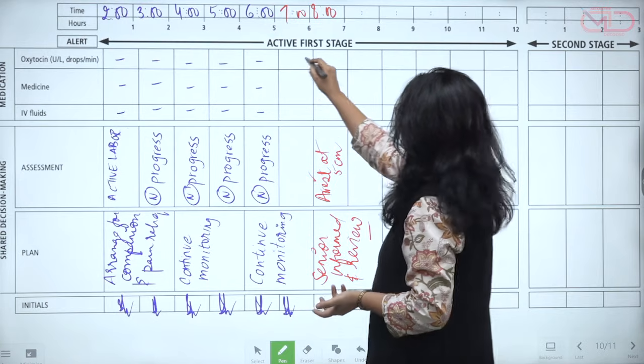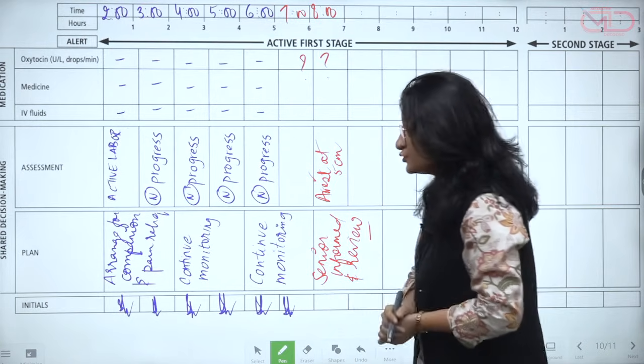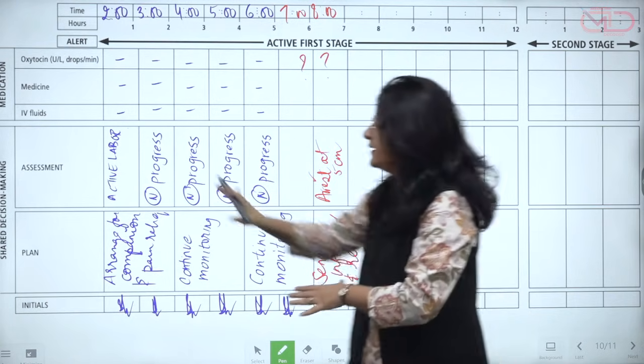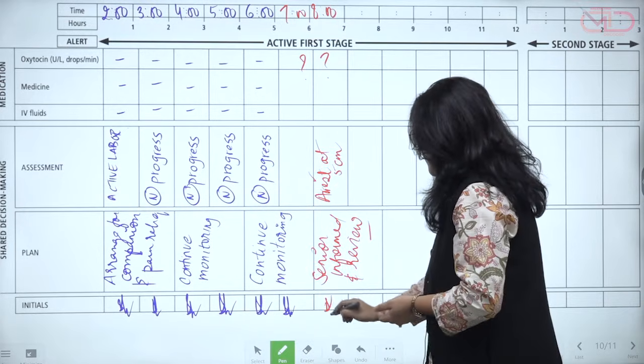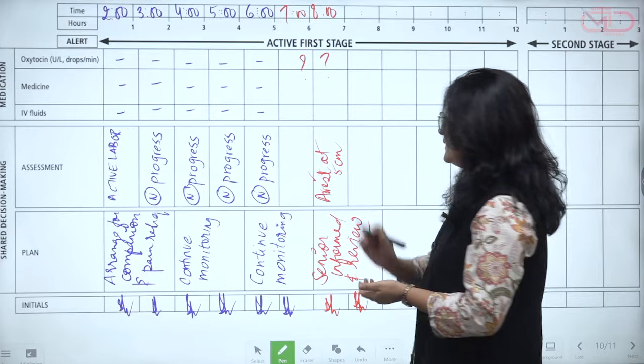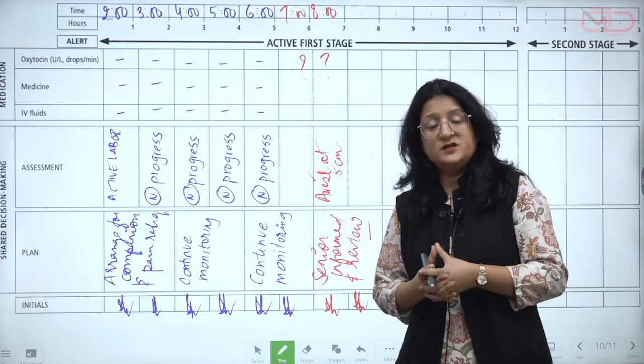Is there a need for oxytocin augmentation? So a decision and plan need to be made. Shared decision making needs to be done. Or is there any other factor? Is there any evidence of cephalopelvic disproportion, right?